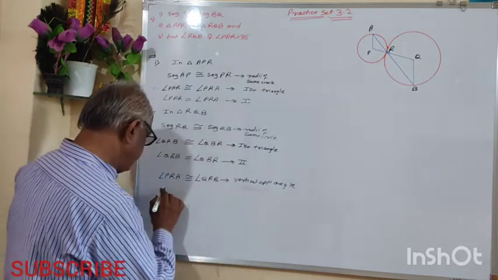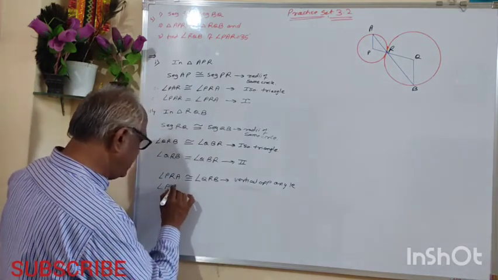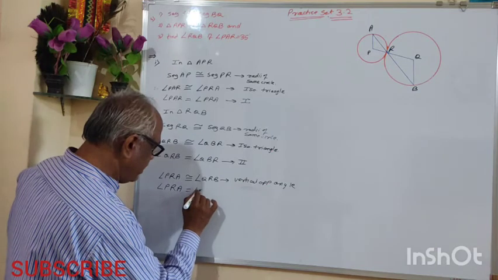Sorry, you will give one step again, it will increase. Angle PRA is equal to angle QRB.